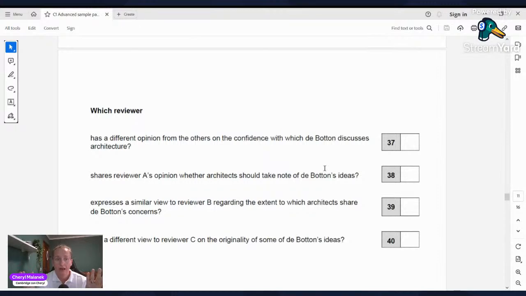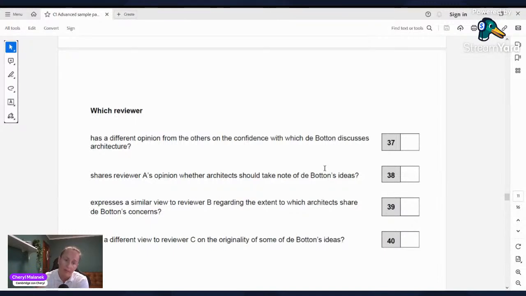They might highlight the wrong information in the text. They might highlight the information that's giving the general public's opinion on the topic rather than the writer's opinion, or here the reviewer's opinion. So this is the first thing you have to be really careful with: making sure you can differentiate between those 2 opinions.